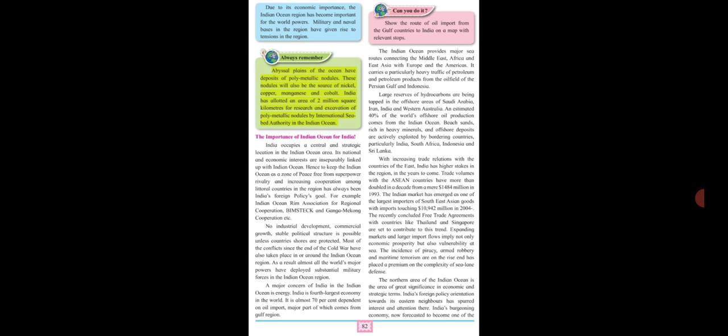As I told you some time back, the route via the Strait of Hormuz is very important, where the majority of the crude oil is exported by Gulf countries. It passes through this route, students, the Strait of Hormuz. So it carries a particularly heavy traffic of petroleum and petroleum products from the oil fields of the Persian Gulf and Indonesia.